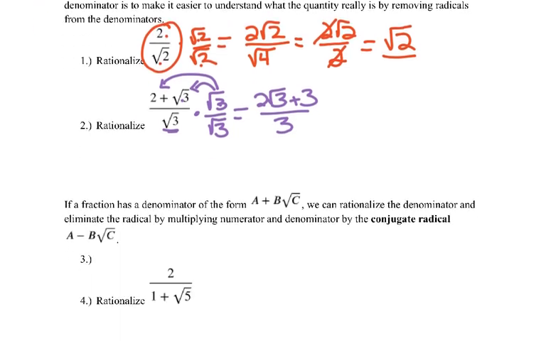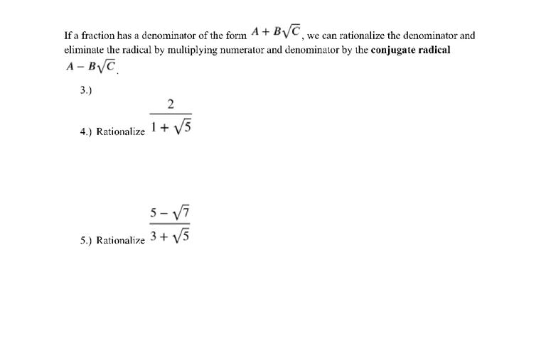How about if we have a more difficult expression with a radical in the denominator? Well, to rationalize the denominator now, we are going to multiply by something called the conjugate. And that really is similar to when we multiplied and factored a difference of squares.